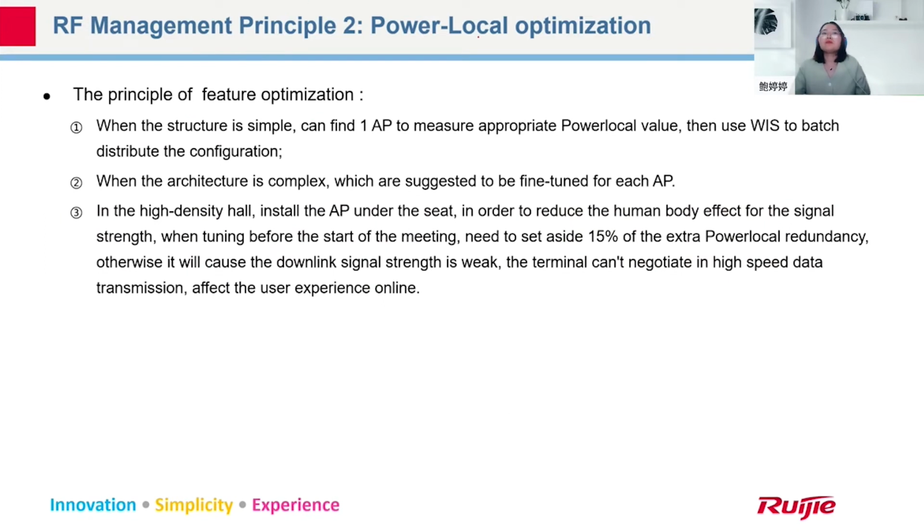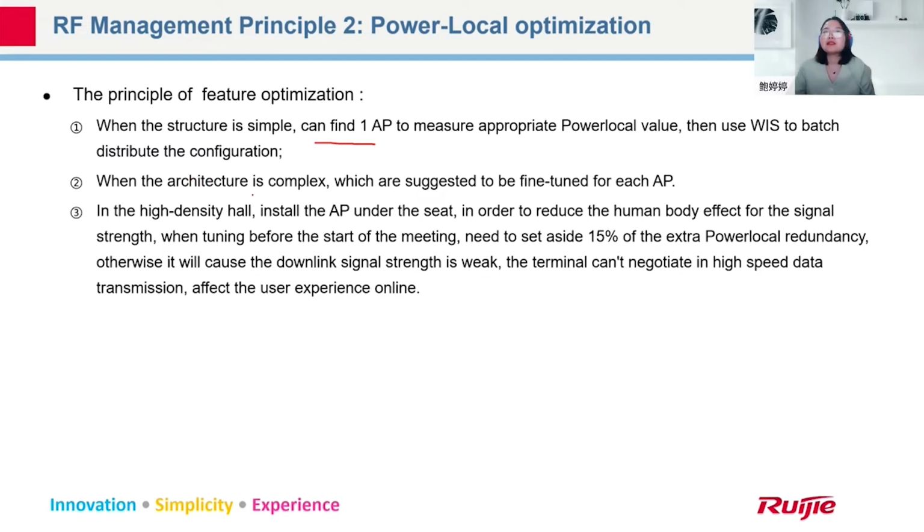So for this feature, when the structure is very simple, we can pick one AP and measure the appropriate power level value, testing one by one, half and half. Then use a WISP platform to distribute the configuration, making the AP power, for example, 25%.